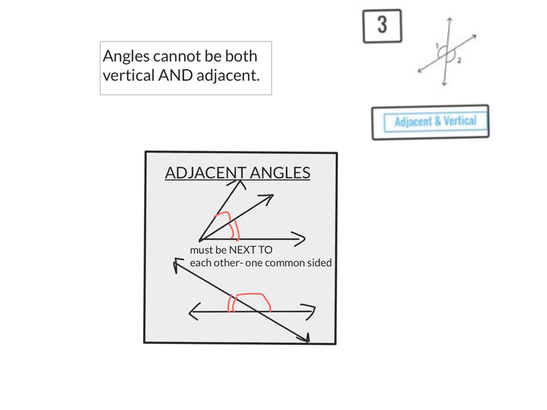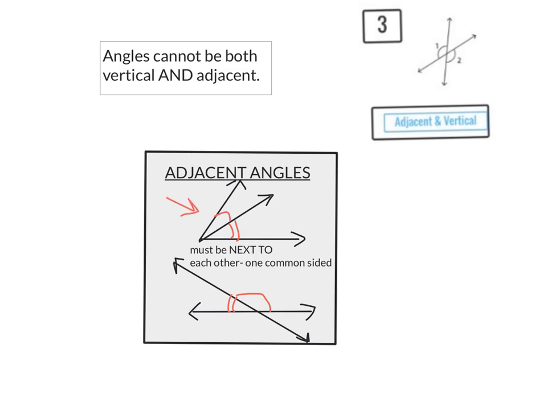So adjacent angles are angles that must be next to one another. Here are several examples. A lot of our examples were straight angles, but adjacent doesn't have to be 180. You can see in this example here that they are not 180, but they're just next to each other.